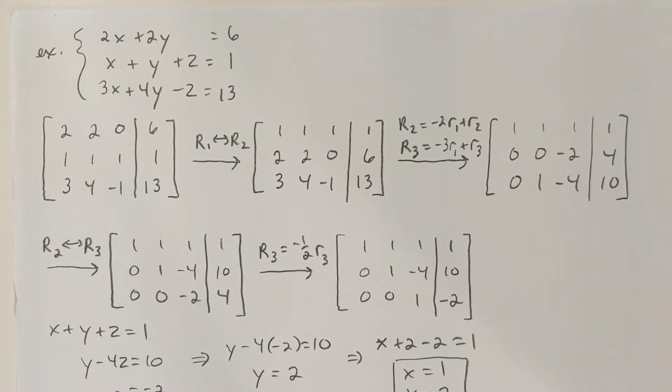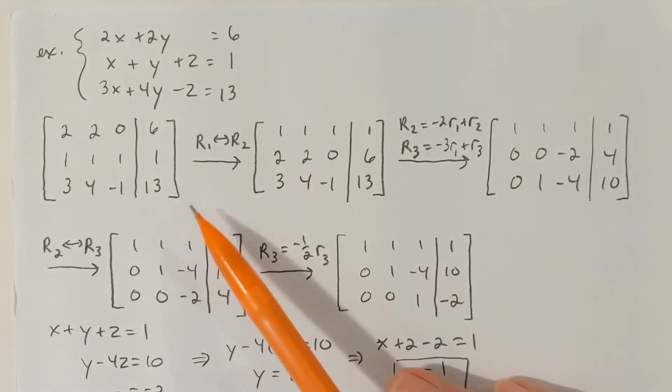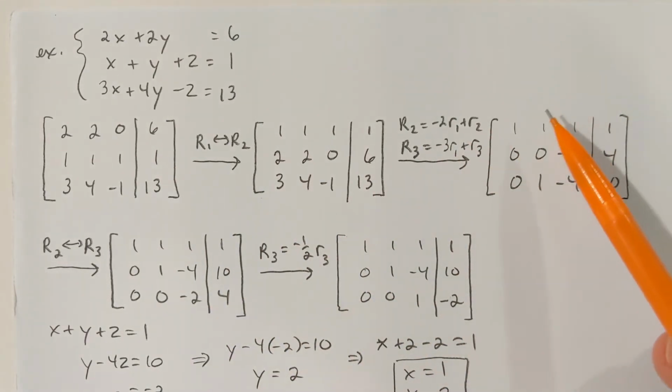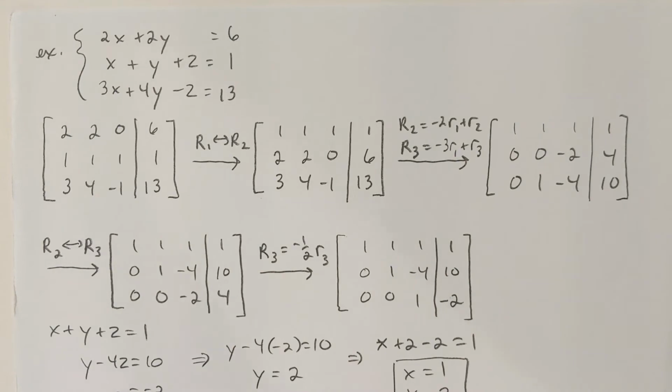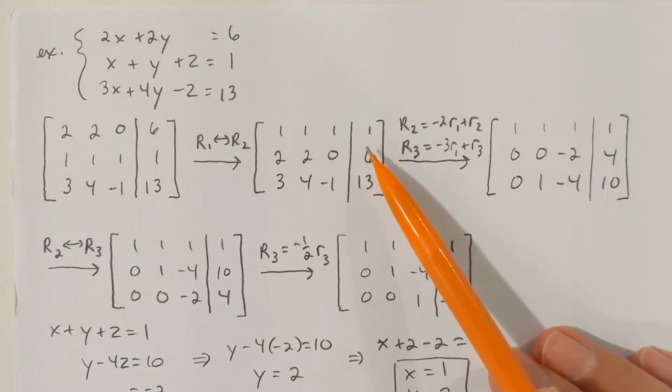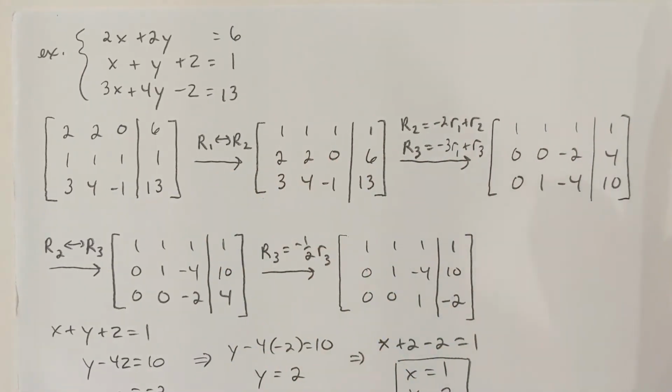Matrices, I think, would be a more preferred approach, since you're just working with coefficients and you're not actually writing out equations each time. It can be easier to use matrices instead.